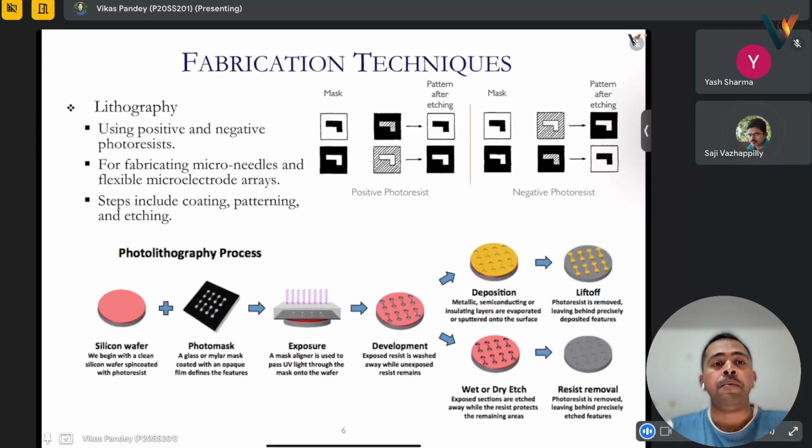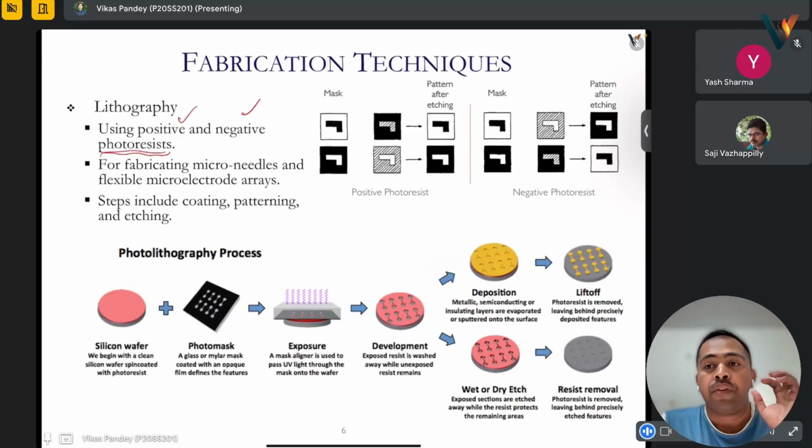Continue, sir. Yeah. So here something called photoresist is being used. Photoresist means a resistive material or a resin that is photosensitive, that changes its chemical composition or structural formation based on the exposed light. There are two types of photoresist, positive and negative.